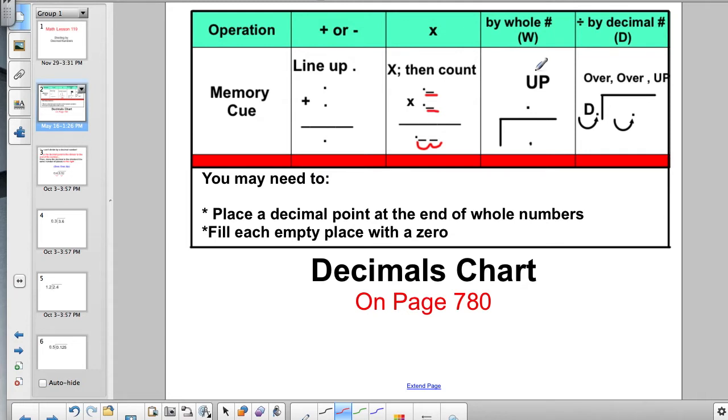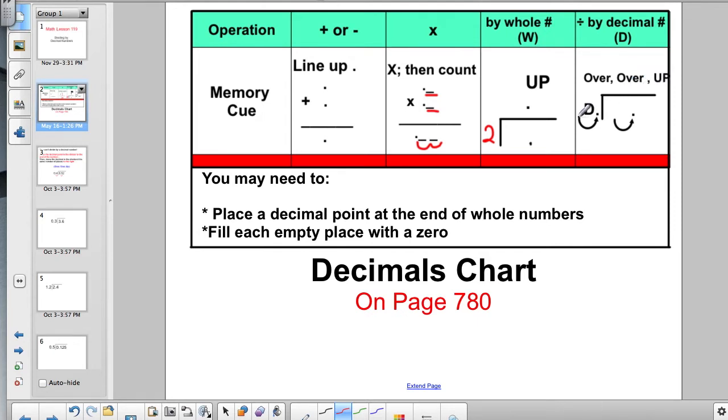Last Friday, we talked about dividing by whole numbers. If you were dividing by, say, the whole number 2, you would just bring the decimal point straight up in your answer. But here's what we're talking about today, dividing by decimal numbers, why they have the D there. And the memory cue is over, over, up.